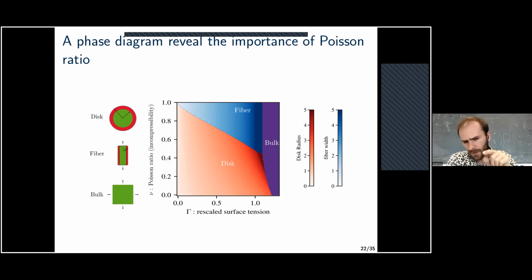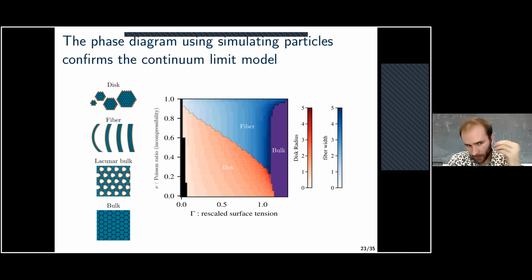So this is for the continuum model, and what we can do is do the exact same procedure with the particle model, where we design the equivalent of disk, the equivalent of fiber, and bulk, and compare the different energies.